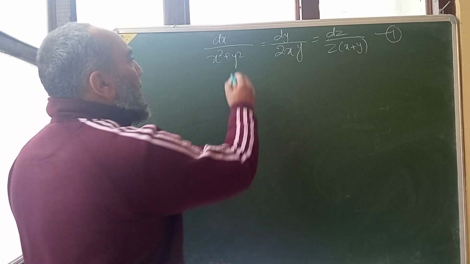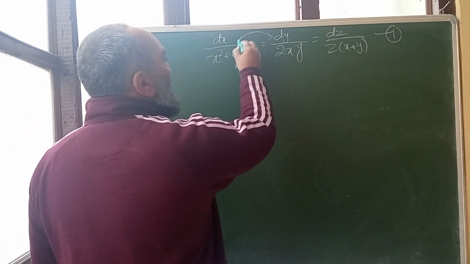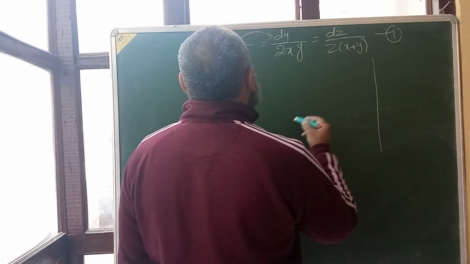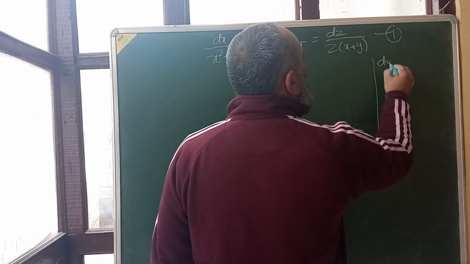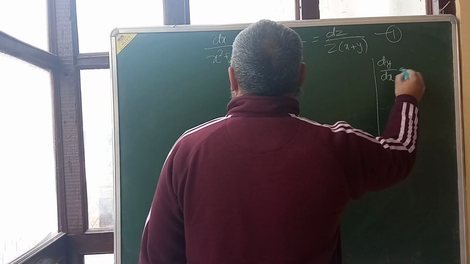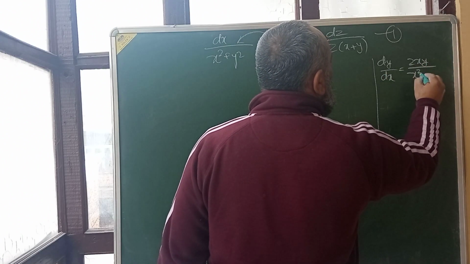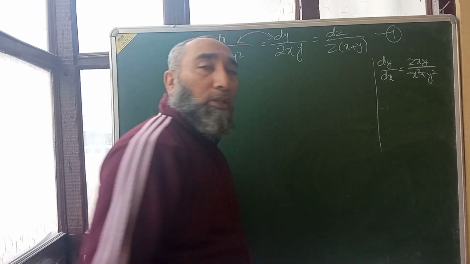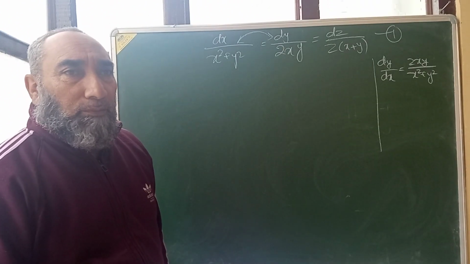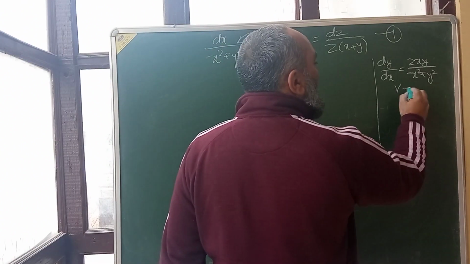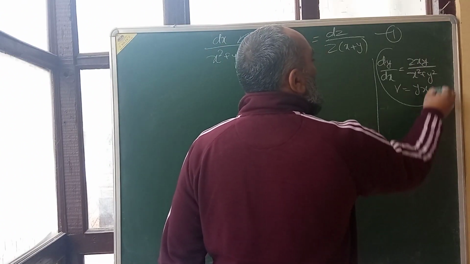See, if you use first and second fraction, you can have a solution. If I use first and second fraction together, I will have dy by dx equals 2xy upon x square plus y square. This is a homogeneous differential equation. Taking first 2 fractions, you can put y equal to vx and solve it. You will get a solution.